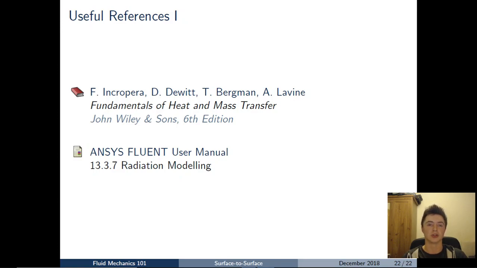There's also, of course, the CFD user guide for whichever CFD code you use, and the ANSYS Fluent user manual is very good and useful for that; section 13.3.7 is the section you want. Again, I've linked that in the description below.